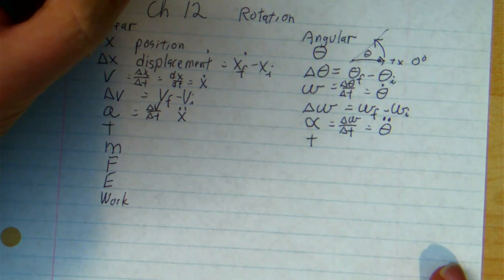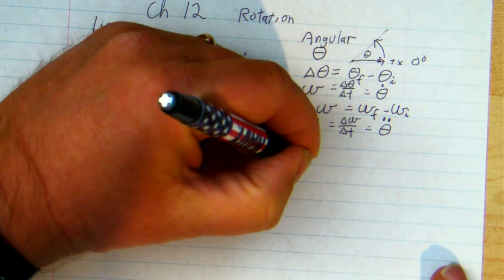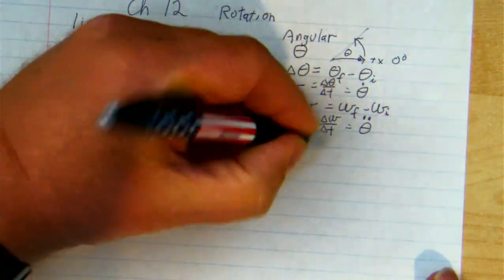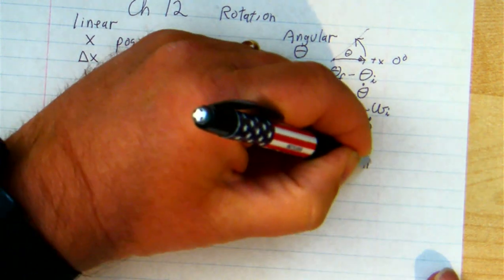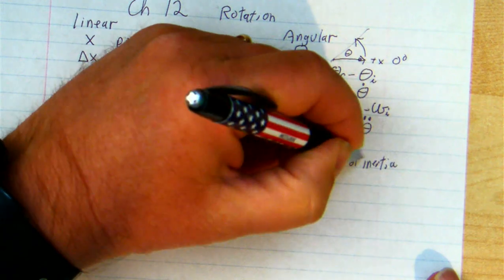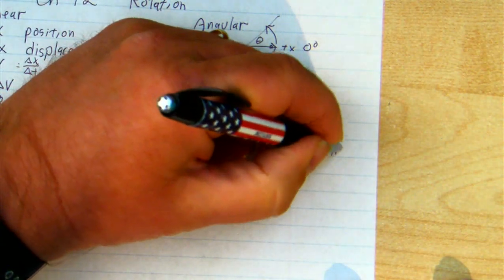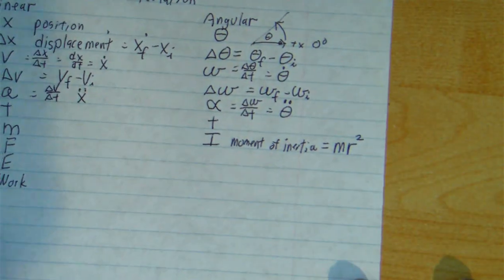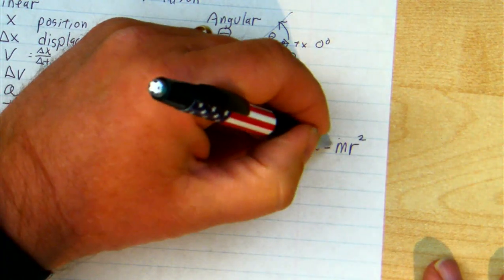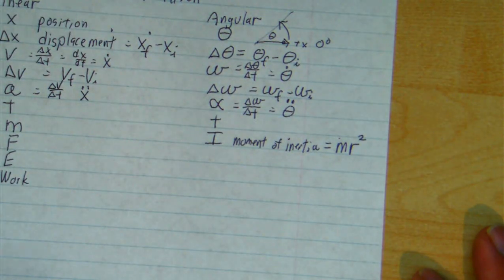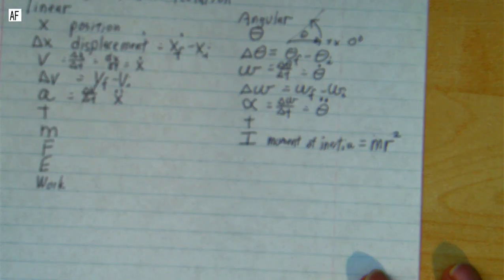So that's nice. For mass, the angular equivalent is called the moment of inertia. And it has to be calculated using a formula that is mr squared summed over or integrated over, depending on how you do it, all the pieces and parts that make up the item that you are examining.